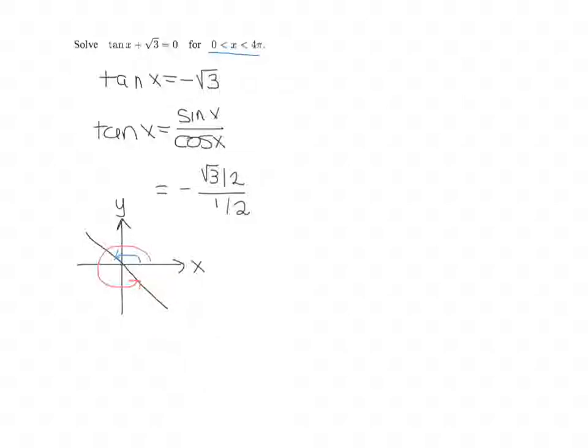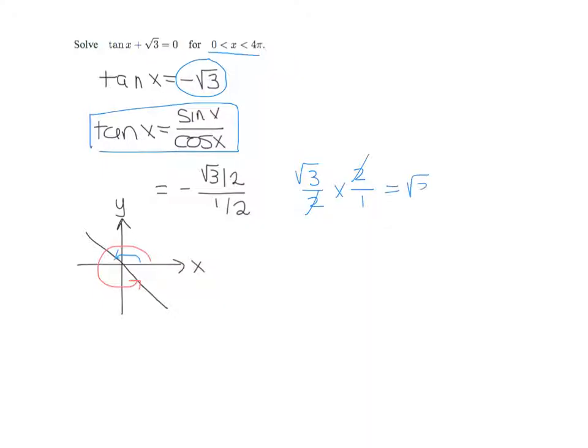From the previous chapter, we learned tangent of x is equal to sine of x over cosine of x. In order to get root 3, we need the numerator root 3 over 2 and the denominator 1 over 2, because times the reciprocal of half, which is 2 over 1, the 2's cancel out to leave square root of 3.